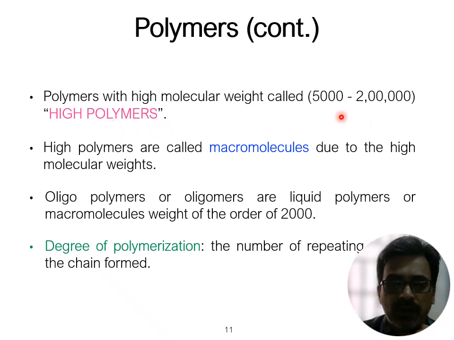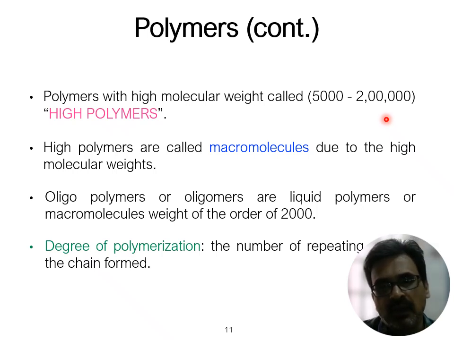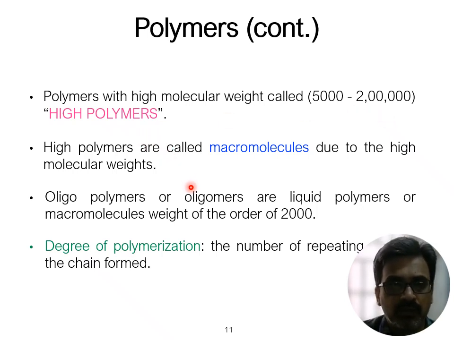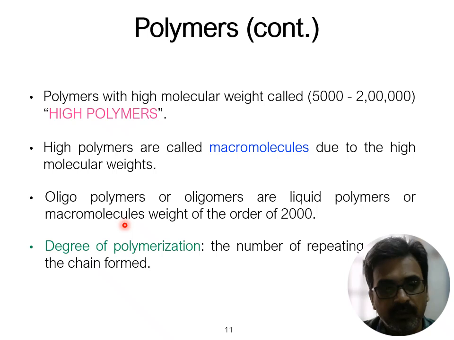When the molecular weight is somewhere between 5,000 to 2 lakhs, you refer to it as high polymers. And also these high polymers are called macromolecules because of the high molecular weight. Anything with molecular weight lower than or in the order of 2000, we call oligopolymers.